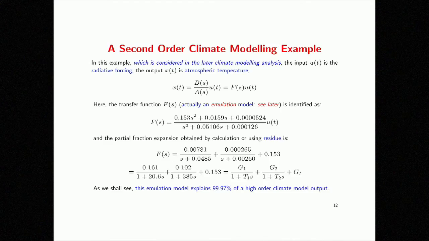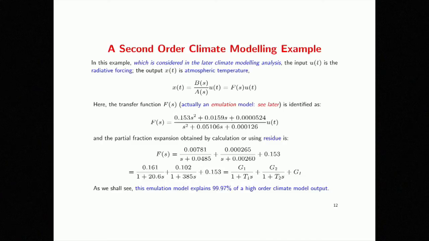Now, here is the transfer function. It's second order. It's got a second order polynomial at the top and one at the bottom. Here's the partial fraction expansion. And you can see it's got two terms and a constant term. The constant term is the instantaneous effect.